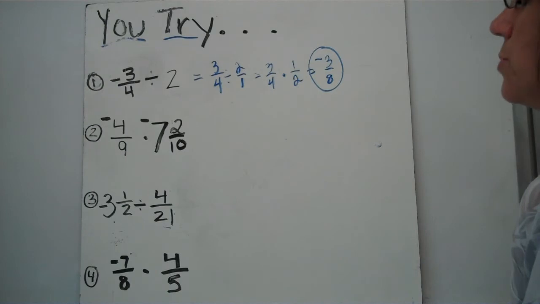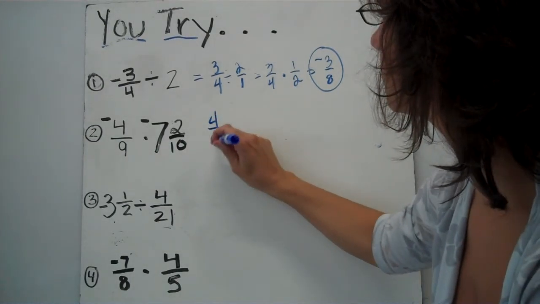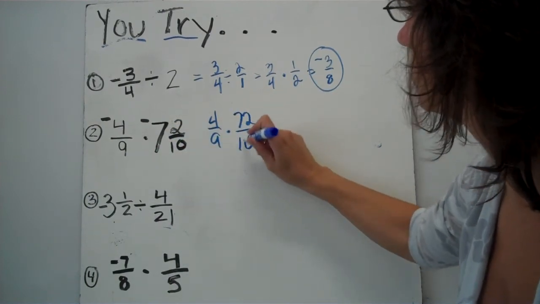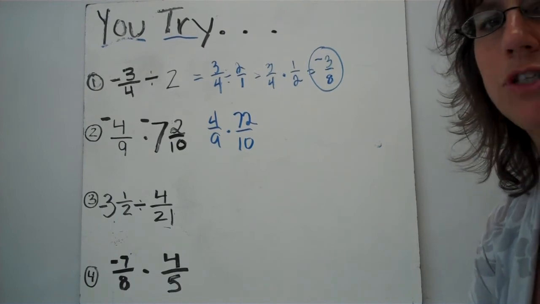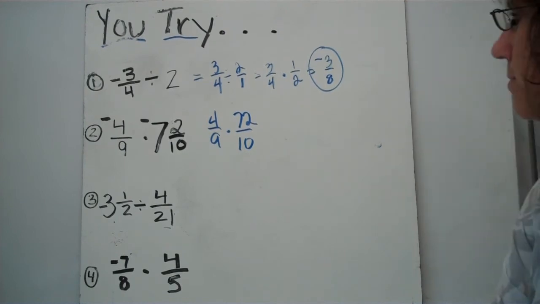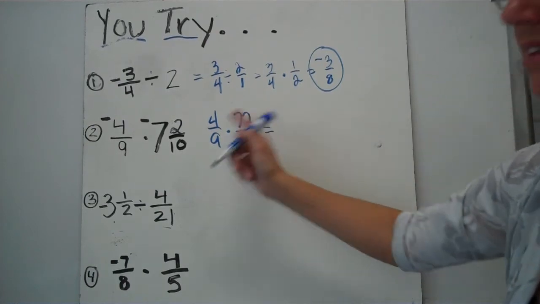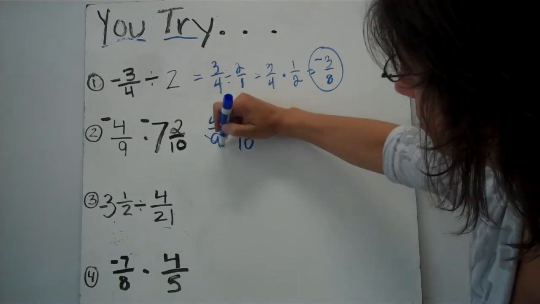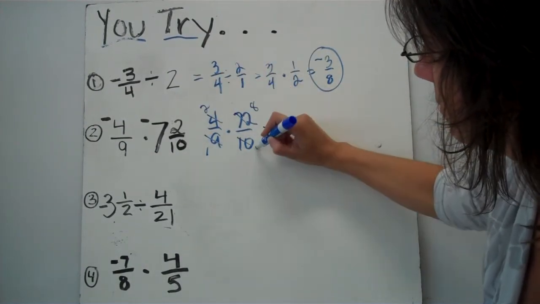All right, the next one. Change that to be improper right from the start. You get 72 over 10. This is multiplying, so I don't do any flipping. Remember, the keep, change, flip is only for division. This is multiplication, so we're good. Cross simplify if you can. This one, there's a lot of cross simplifying, right? 9 and 72. 4 and 10.